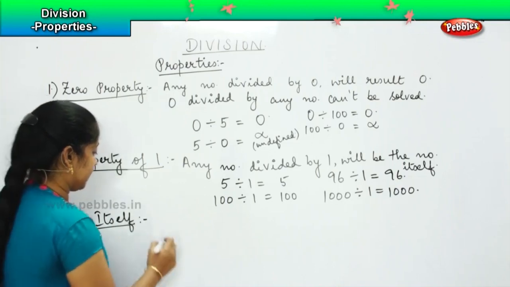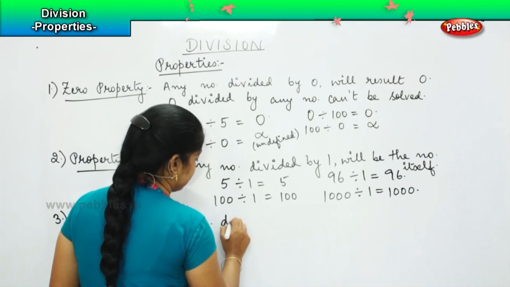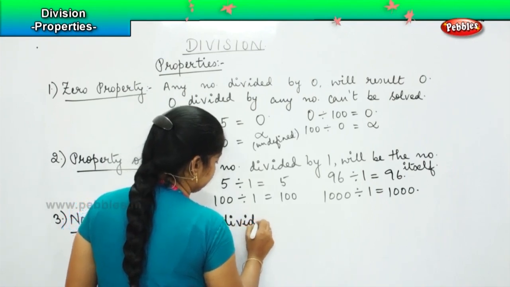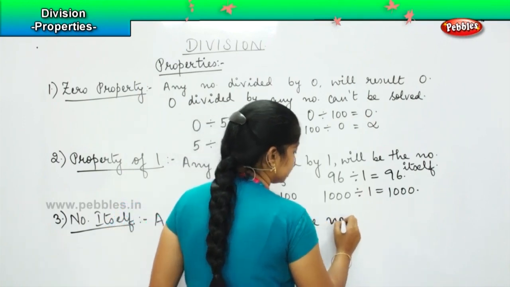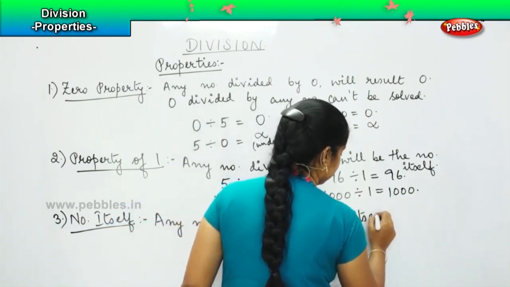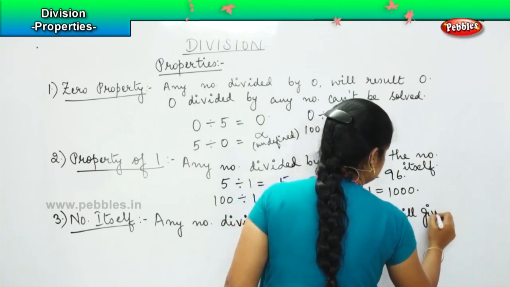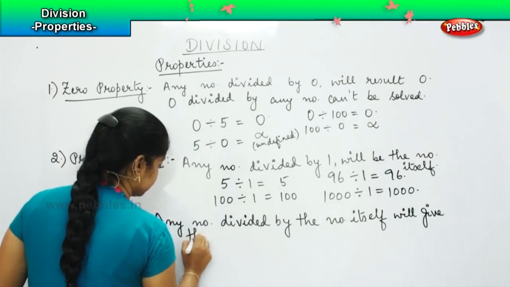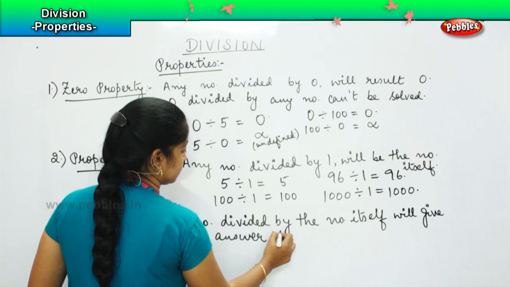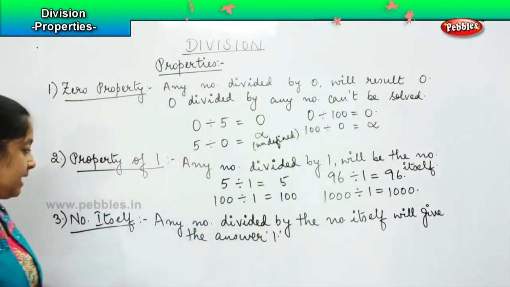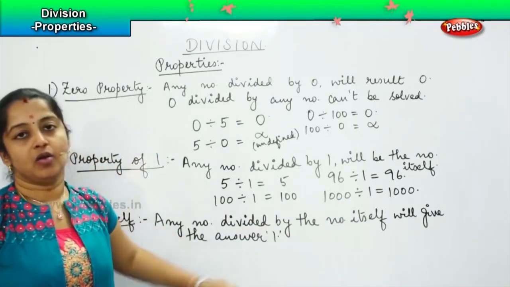Number itself means that any number divided by the number itself will give the answer 1. Any number divided by the number itself will give my answer 1.